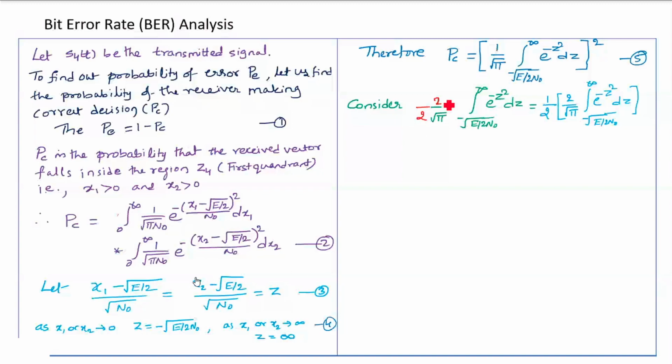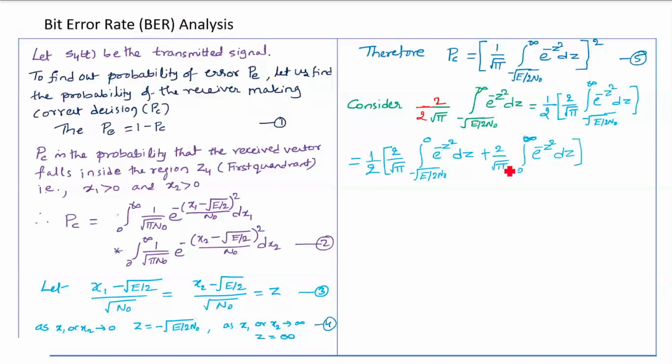So here 1 by 2, 2 by root pi, on the right hand side you can see. I just expand this integral, minus root of e by 2 n naught to infinity. I will just expand: minus root of e by 2 n naught to 0 of e to the power minus z square dz, one term, and 2 by root pi 0 to infinity, another term.